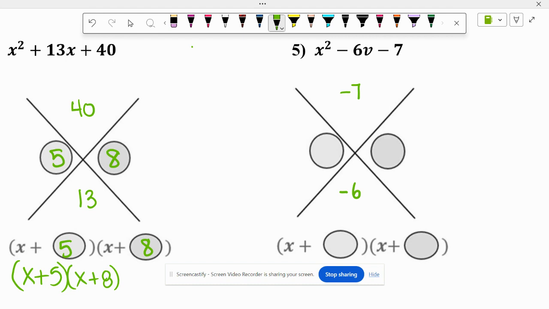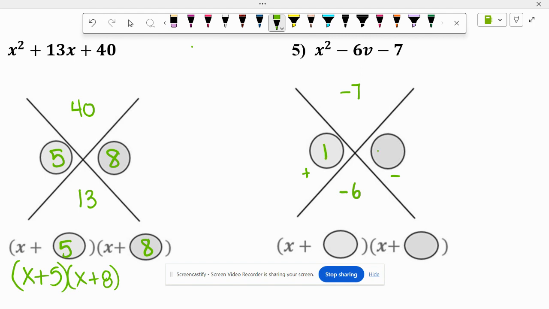So remember, if you get a negative product, one of the factors has to be positive and one has to be negative. I'm going to write a little note here. One's got to be positive and one's got to be negative, right? Because if they're both negative, you're going to end up with a positive product. So two numbers that multiply together to get -7, that when you add them, you get what? -6.